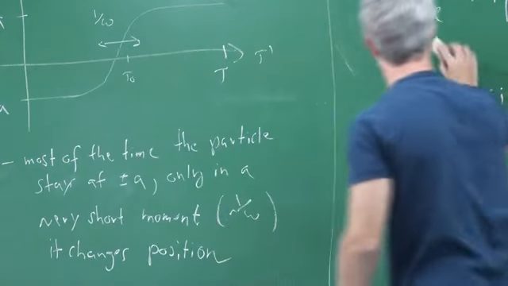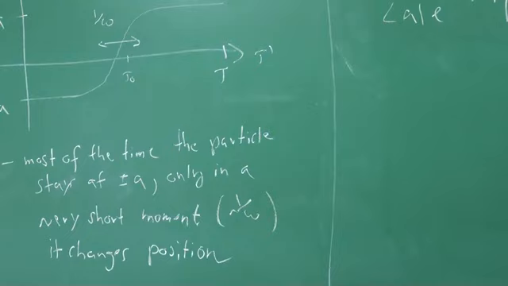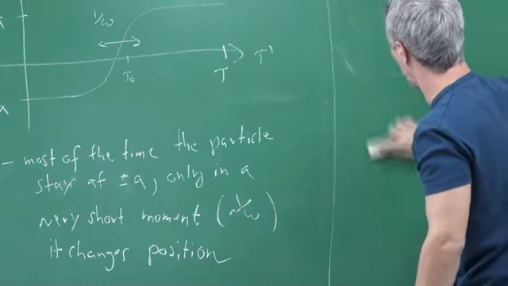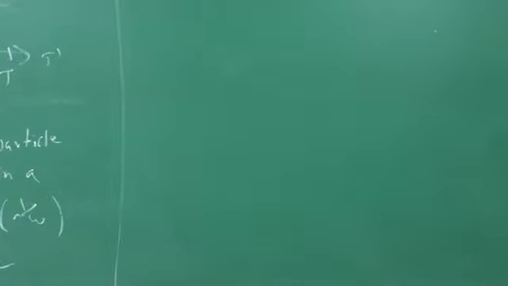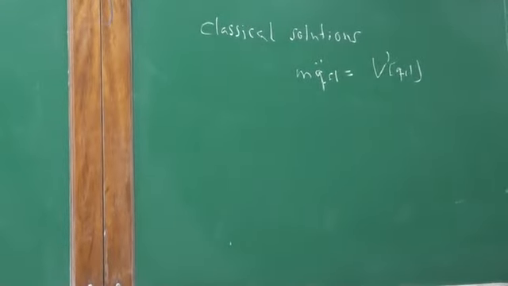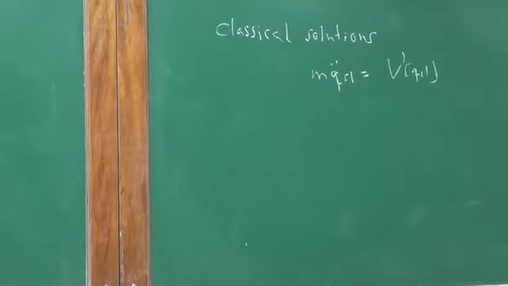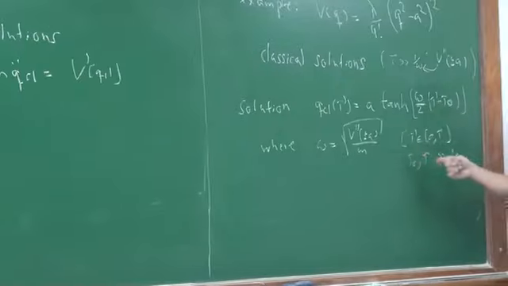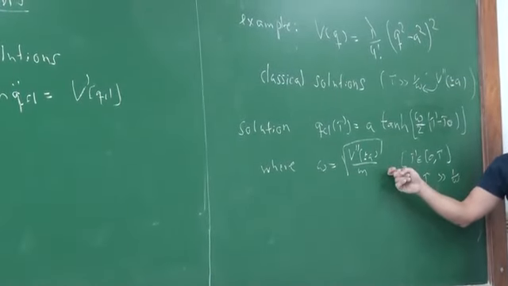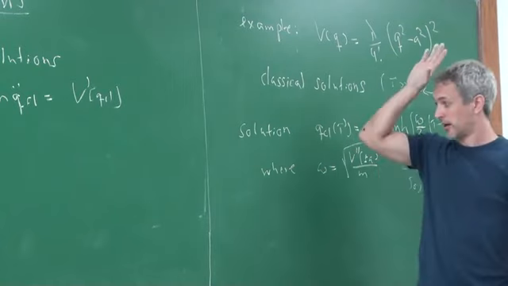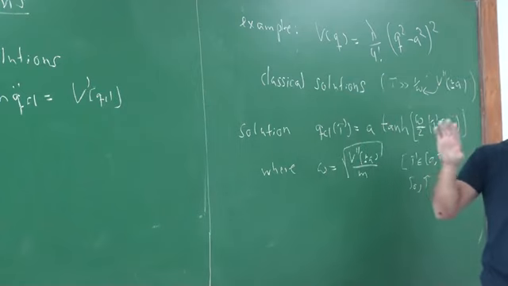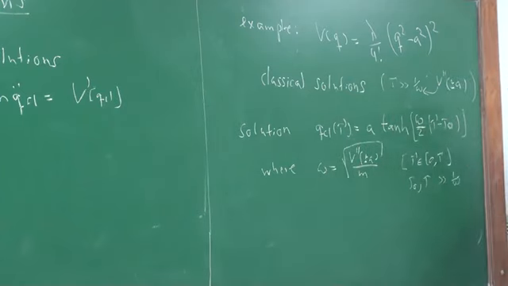Okay, so now I just say something that we are going to verify in a minute for the generic case. Once you have found the solution, in the classical treatment you first calculate the action for this classical solution, because we have to insert the classical action. If you insert the solution into the classical action, you will find that the action is determined purely by the functional form of the potential.